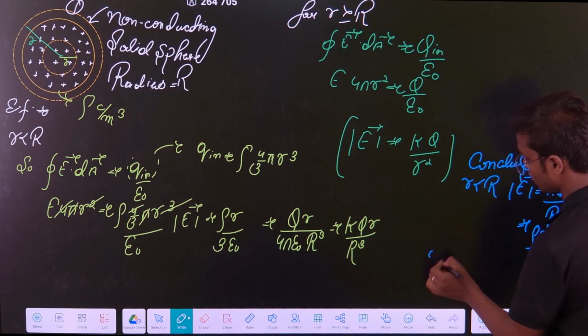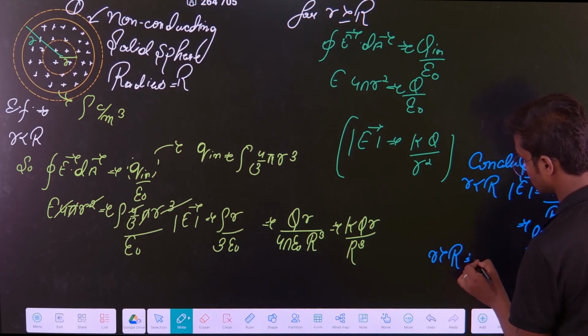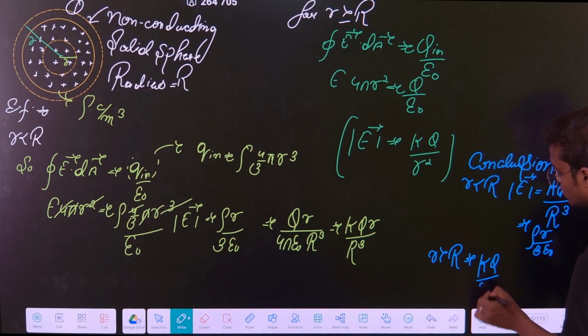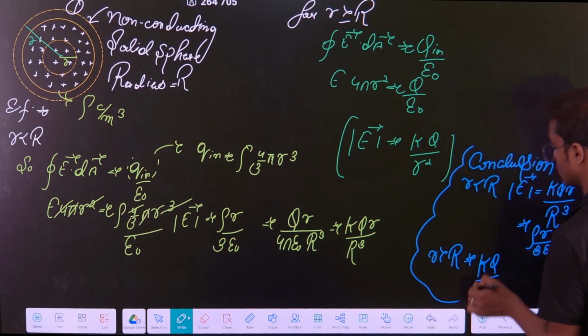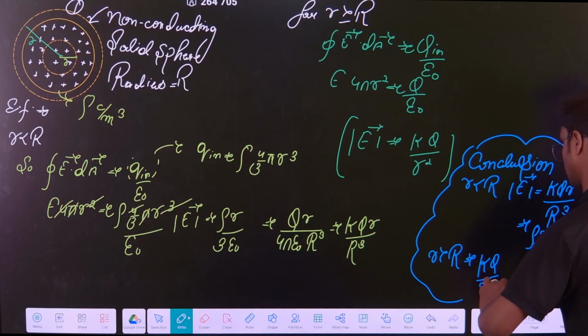Similarly, for r greater than capital R, how much electric field will I get? I get KQ by small r square. So this is the conclusion we have drawn.